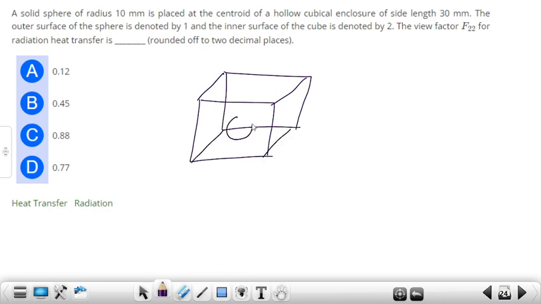And this is the solid sphere placed at the center of the hollow cube.